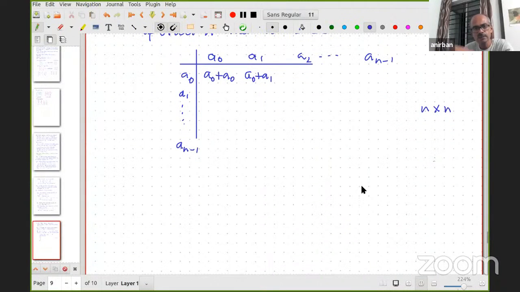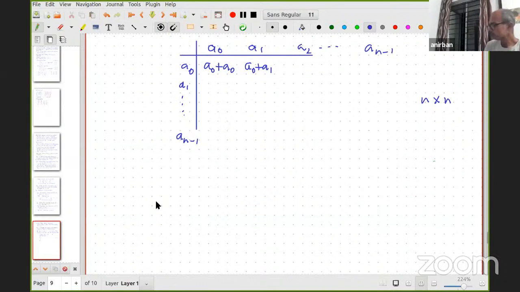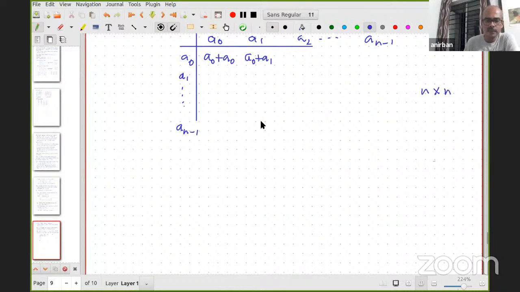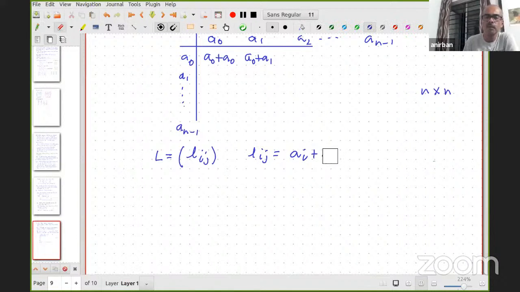And now we construct more Latin squares. L is this addition table, so L can be written in our notation as small l_ij, and the ijth entry is simply a_i plus a_j, the sum of the ith and jth elements of the field.